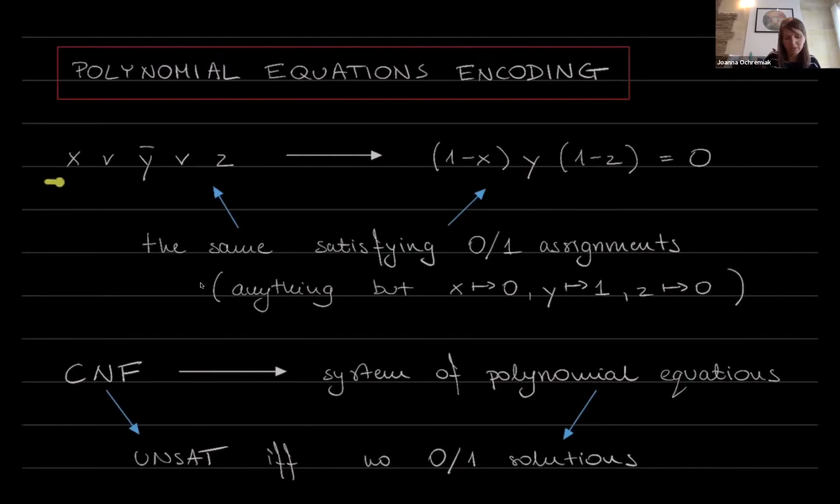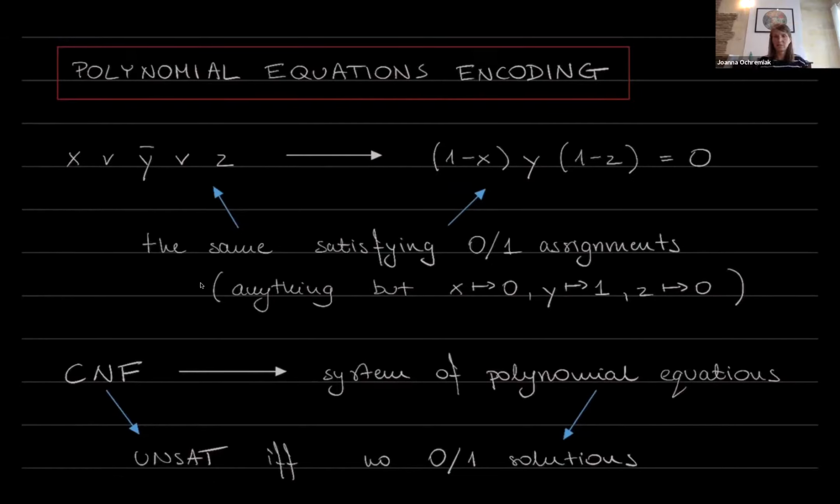Well, if we have a clause like this, then we can encode it as a polynomial equation here, and it's not very difficult to see that they have exactly the same satisfying 0-1 assignments. In this case, any assignment is satisfying except for the one which assigns 0 to x, 1 to y, and 0 to z.